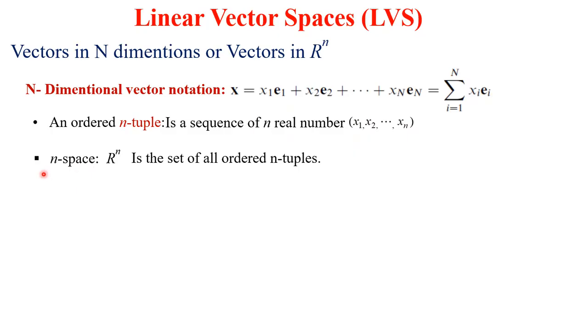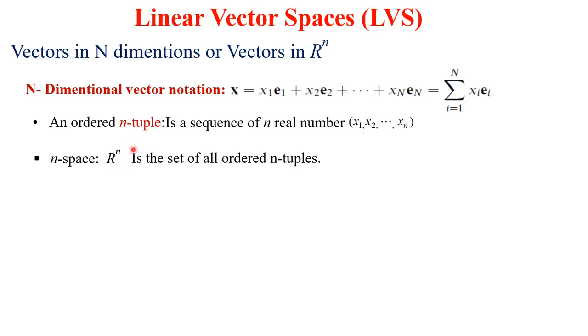Then n-space. What is an n-space? Our n-space is represented by Rn, where R stands for real and n stands for n dimensions. So what is an n-space? N-space is the set of all ordered n-tuples.